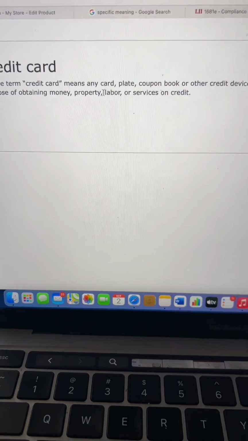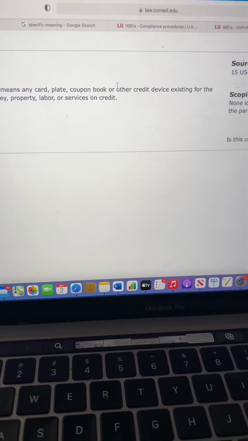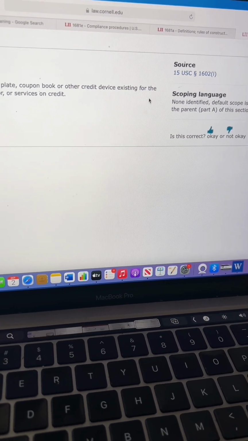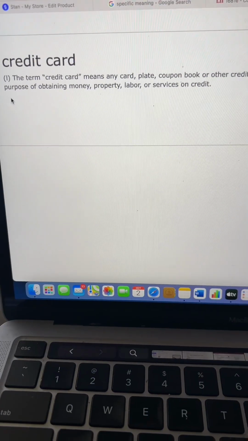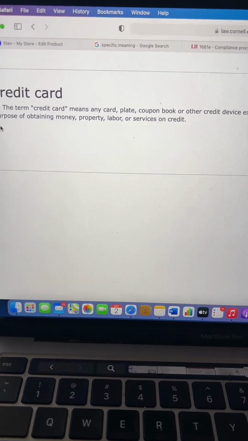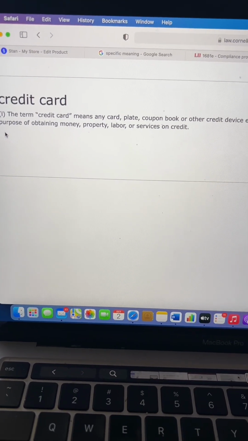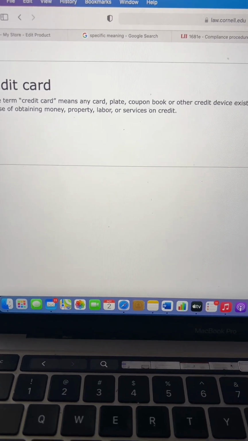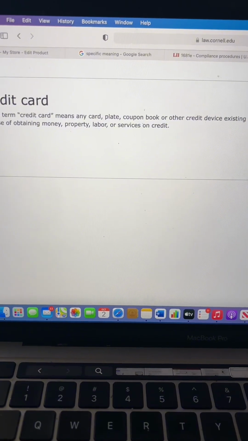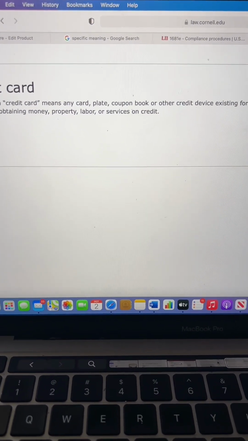The term credit card means any card, plate, coupon book, or other credit device existing for the purpose of obtaining money, property, labor, and services. Identification card, it helps you obtain money, property, labor, or services on credit. Birth certificate. When you apply for government assistance, they ask for your birth certificate.